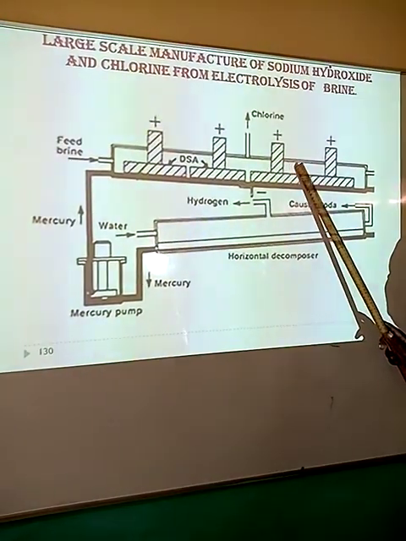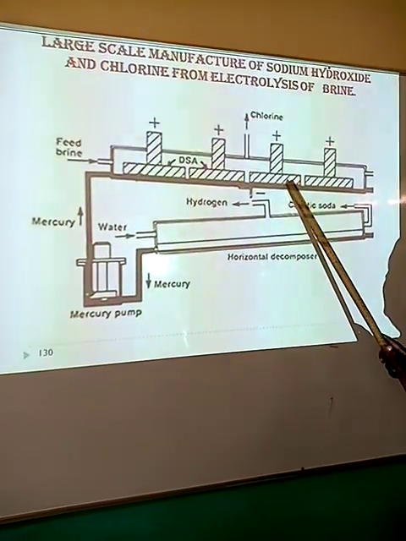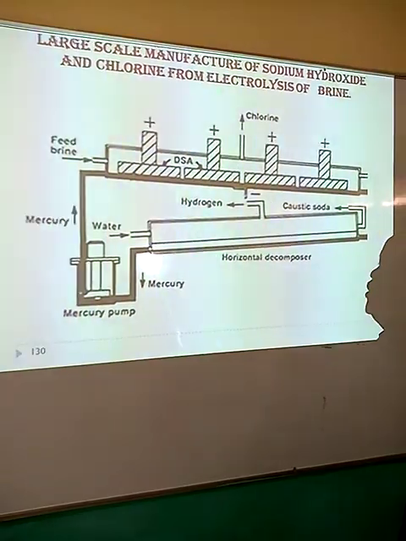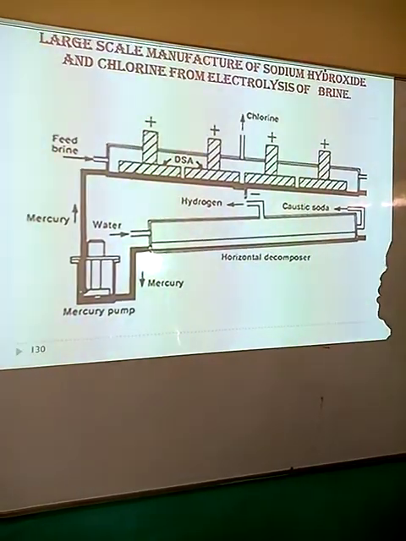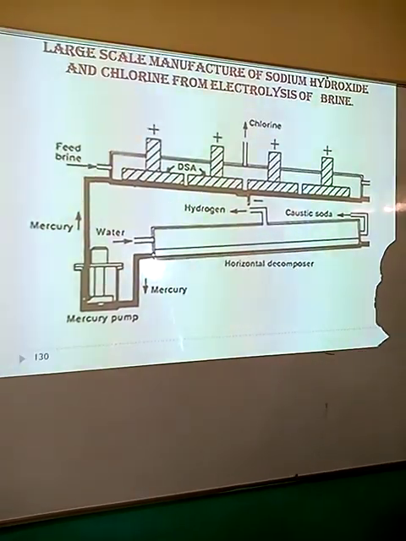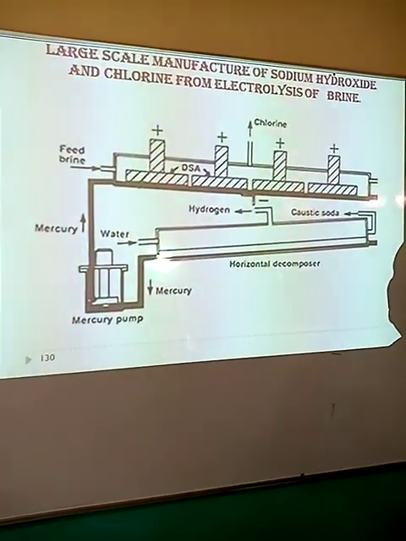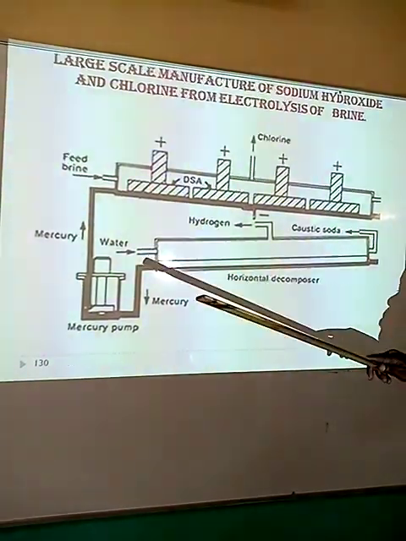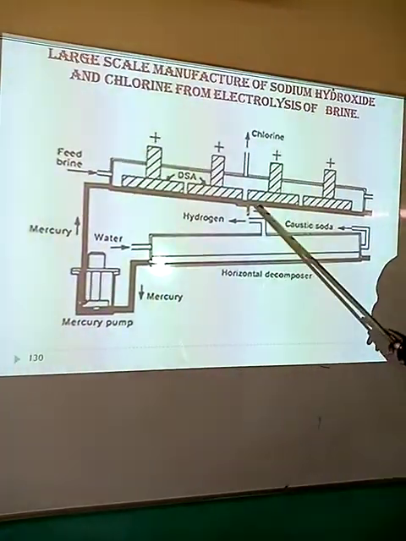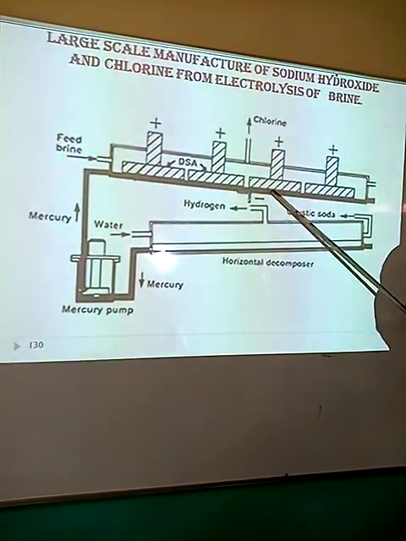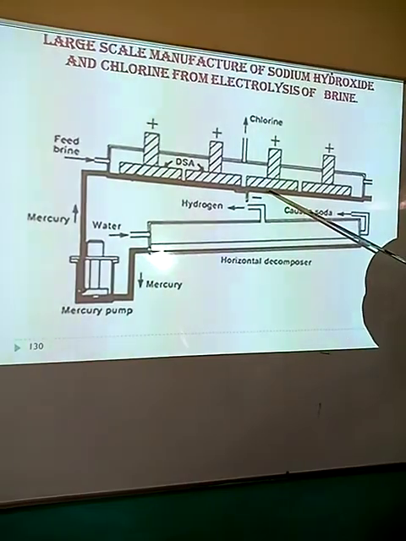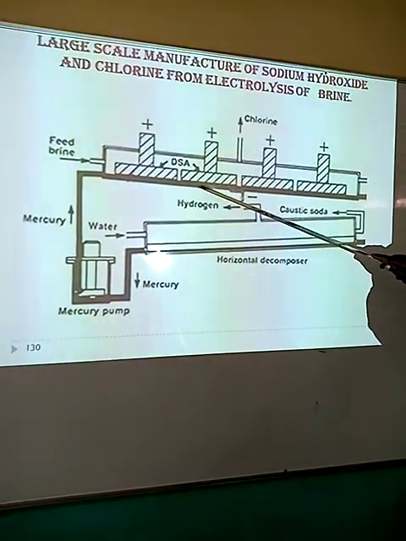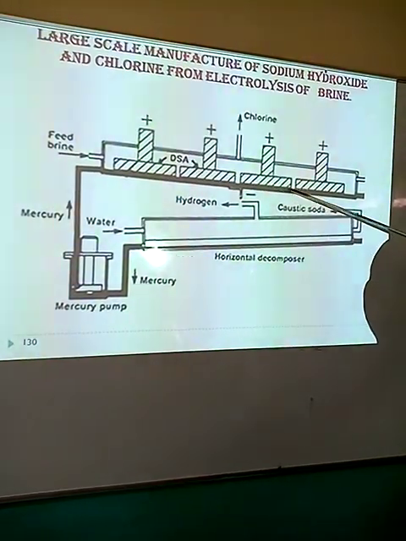Sodium ions from this end will dissolve in it to form what is called sodium amalgam. We are going to illustrate that using an equation. Sodium amalgam is just sodium dissolved in mercury. Remember, mercury is very poisonous. So once it has been dissolved here, the amalgam flows.